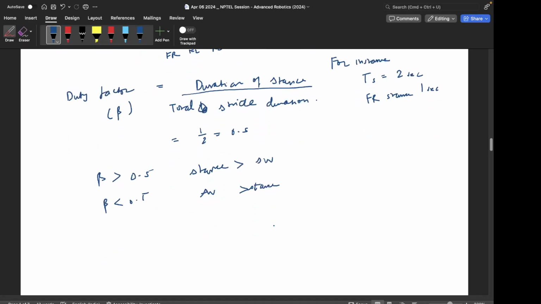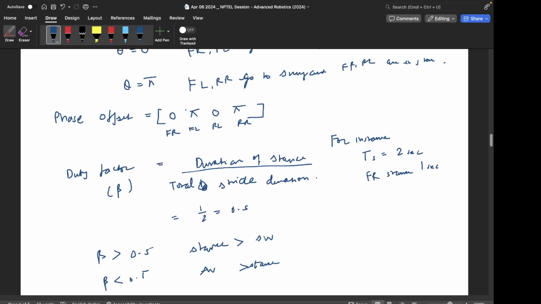And again, the same type of gait can have different duty factors. So I can design the same trot gait in which the phase offset is 0, 0 and pi.